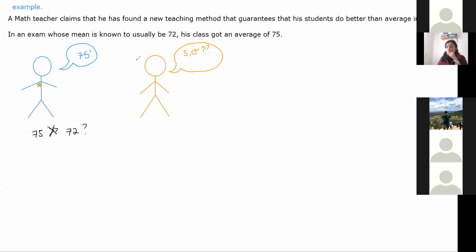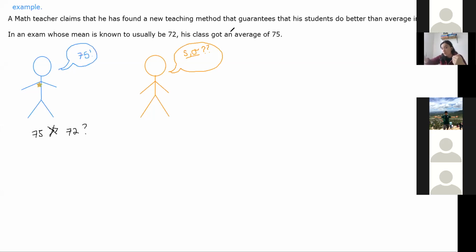Okay, so I have to worry about the standard deviation because my results might be very variable. If the students in this exam usually score an average of 72, but the scores range from 30 to 100, then it might be reasonable to expect that my class will have an average that might be a little bit off of 72.